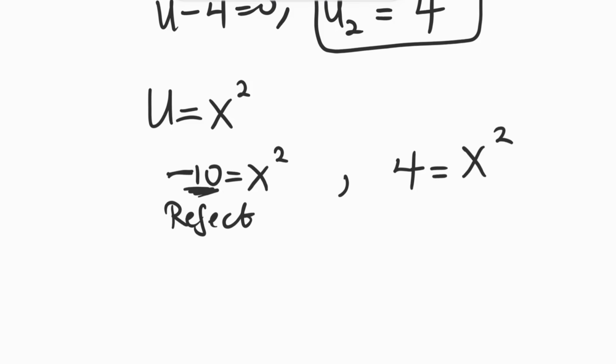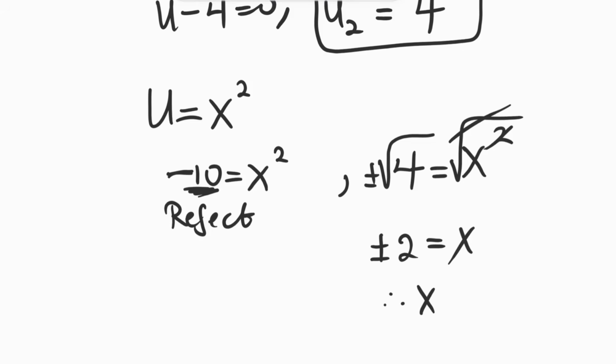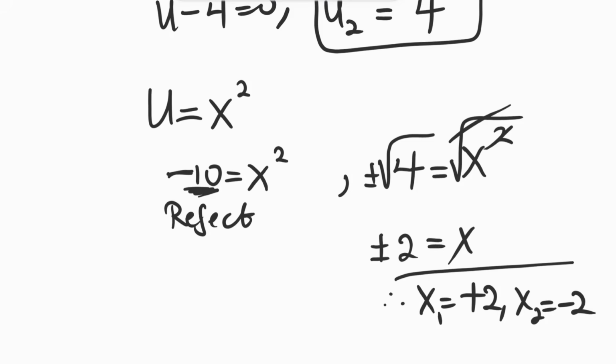To find x, we apply the square root to both sides. So we have plus or minus 2, the square root cancels the square, so x is equal to plus 2 or minus 2. That's our value of x.